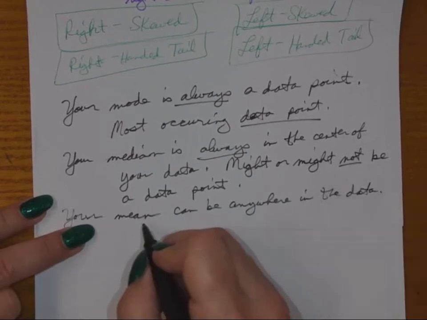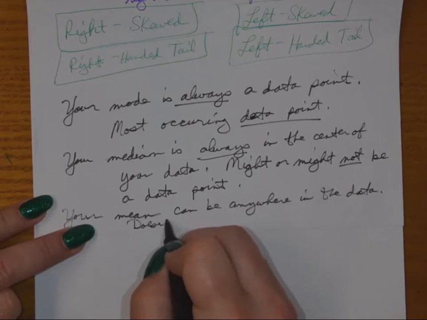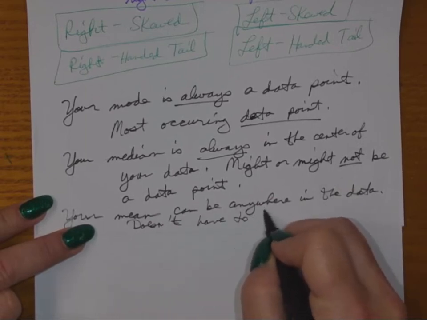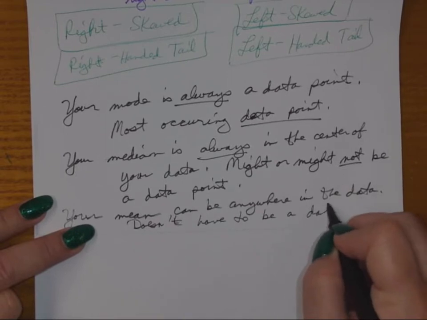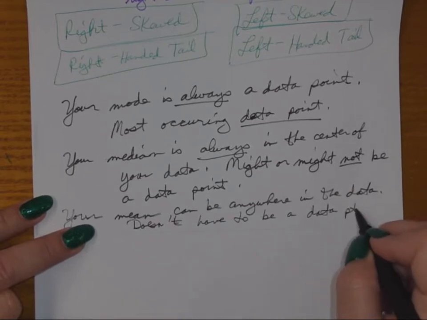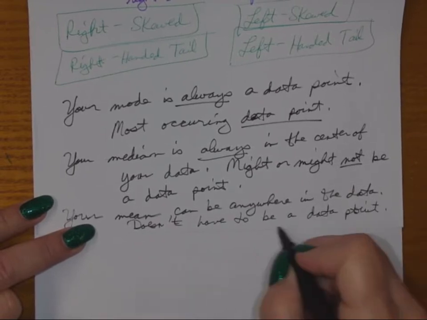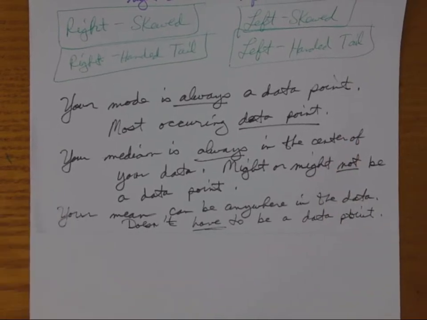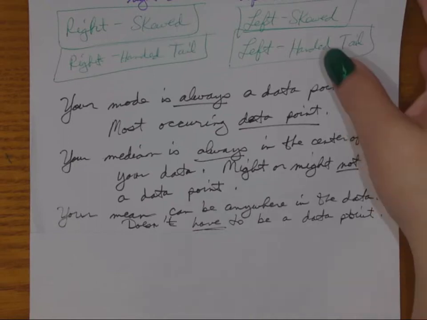Okay, and it doesn't have to be a data point. It could be a data point, but it doesn't have to be. So let me give you an example, because most people would say, oh, it's not a data point. Okay, well, a lot of times it's not a data point, but it could be a data point.